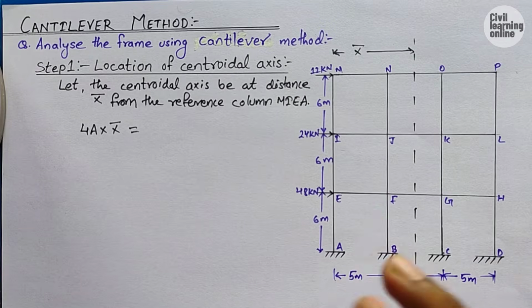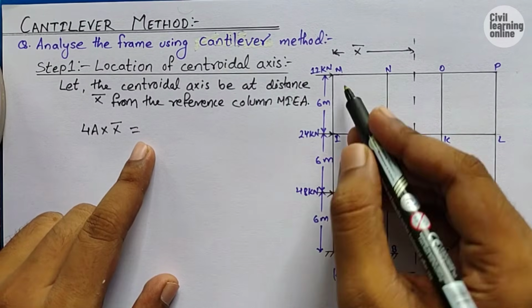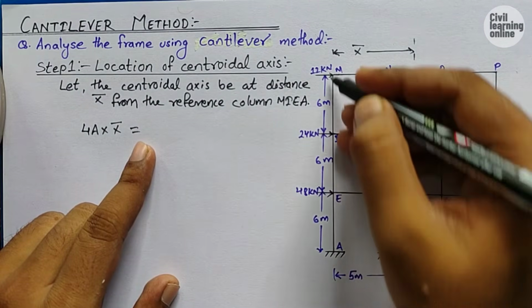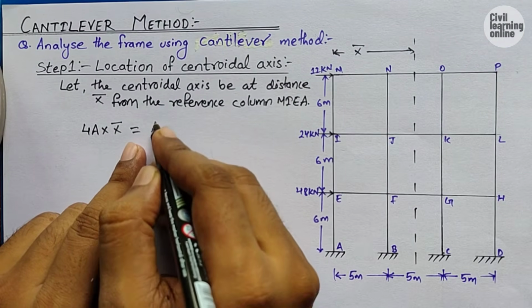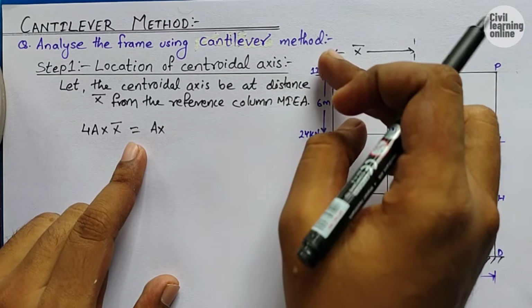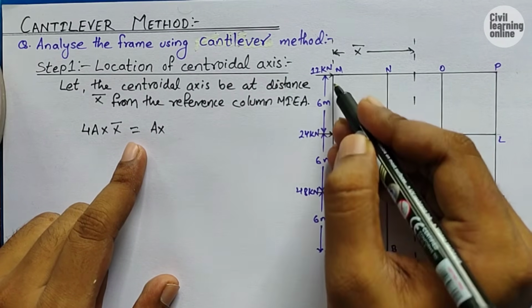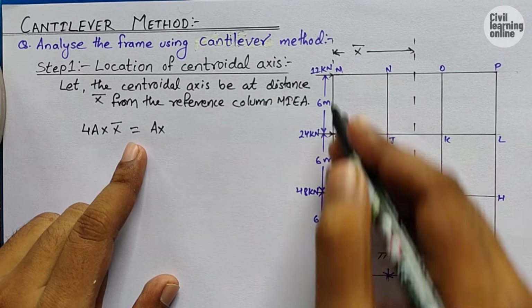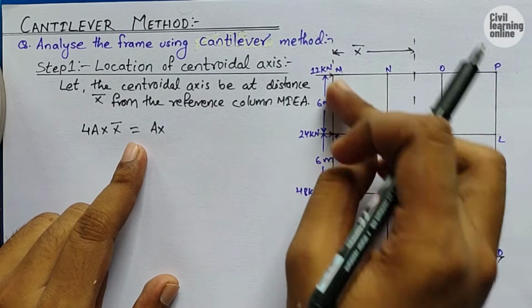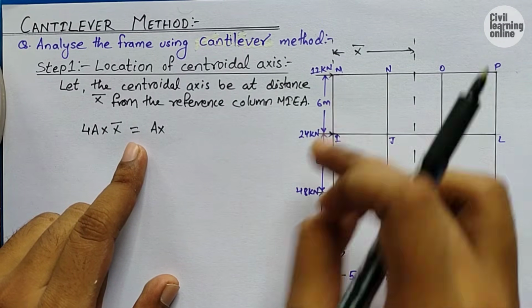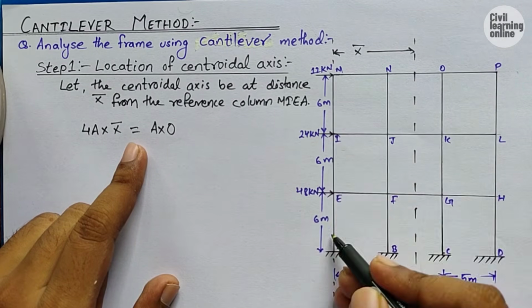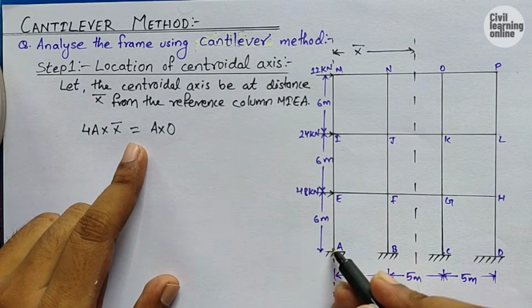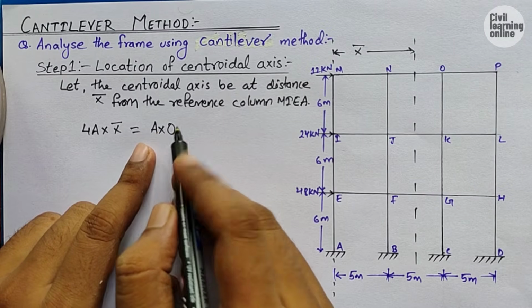Now, the cross sectional area of this column is A, multiplied by the distance from the reference column. Since we are calculating the distance from this column, the distance of the CG from this column is going to be 0, so it is multiplied by 0.